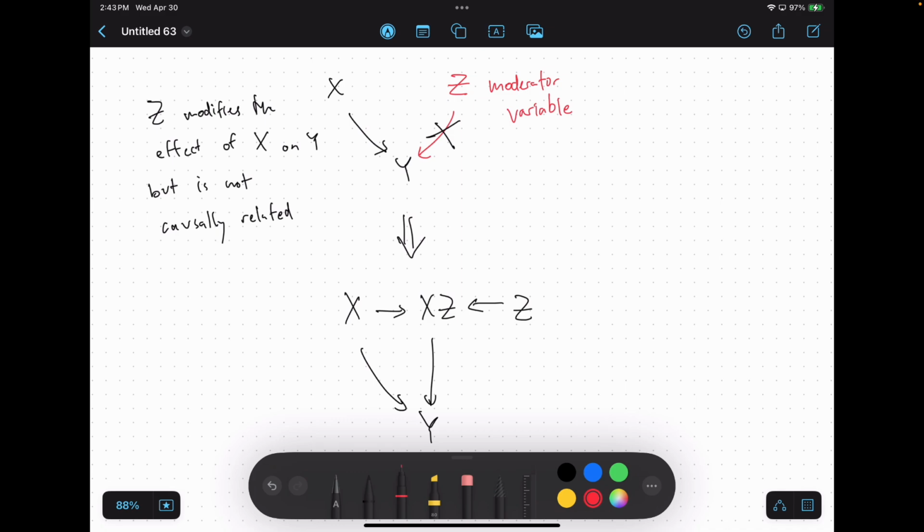If it's really hot, it's more likely that this sunny weather will cause more ice cream eating, and if it's not as hot, then less. So you're saying temperature is the moderator? Yeah, and sun is the cause for ice cream eating.